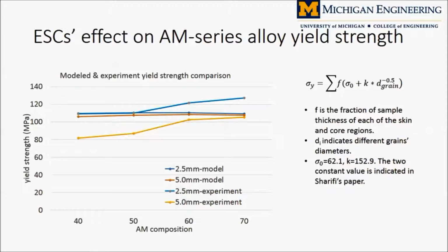However, for 5.0 mm samples, only the model for AM60 and 70 matched the experimental result. The mismatch is highly possible because this model only takes the grain size effect into consideration, but does not count other effects, like porosity and solid solution strength.